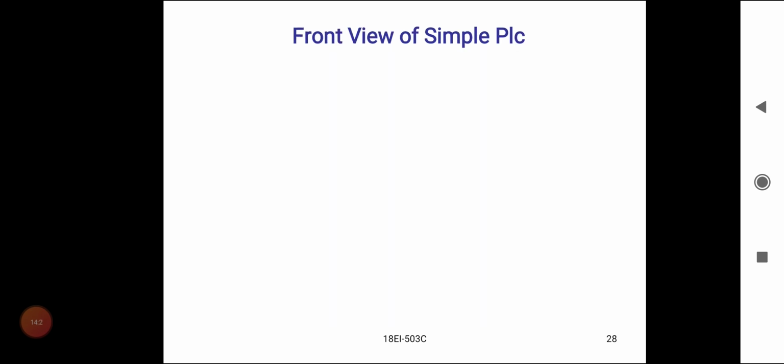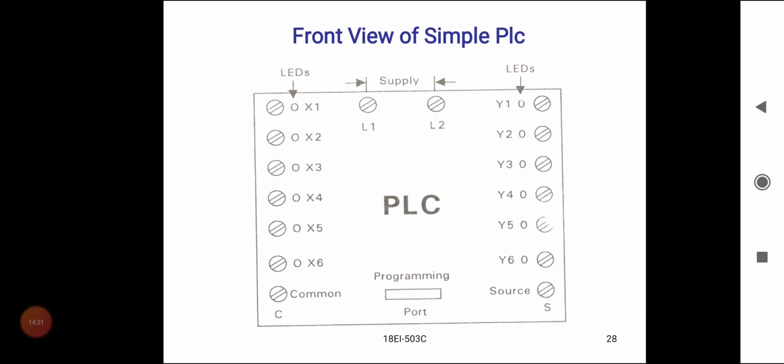Front view of simple PLCs. The front view of a simple PLC has outputs 1 to 6, LEDs glowing, a common terminal and programming port, and a supply L1, L2, LEDs Y1, Y2, Y3, Y4, Y5, Y6 and the source terminal.